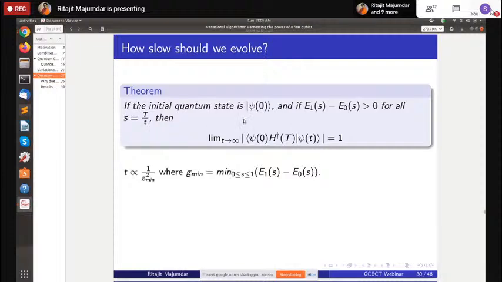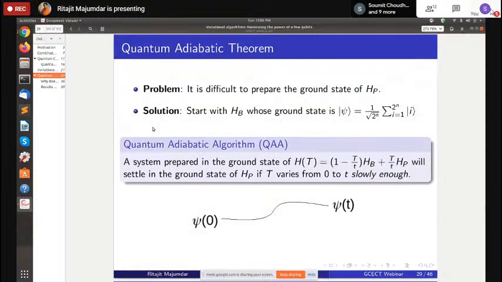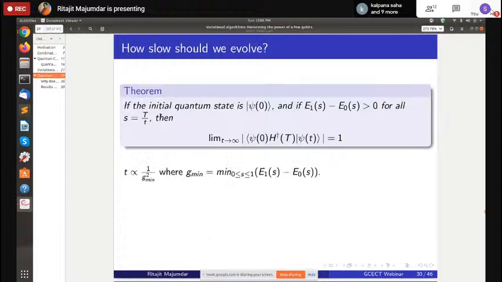We start with the initial state psi 0 and we move to a final state psi t. Now it says that for every time instance capital T, capital T varies from 0 to small t. So when capital T is equal to 0, this T by t is 0, and when capital T is equal to small t, T by t is 1. So we can say that S varies from 0 to 1 actually.